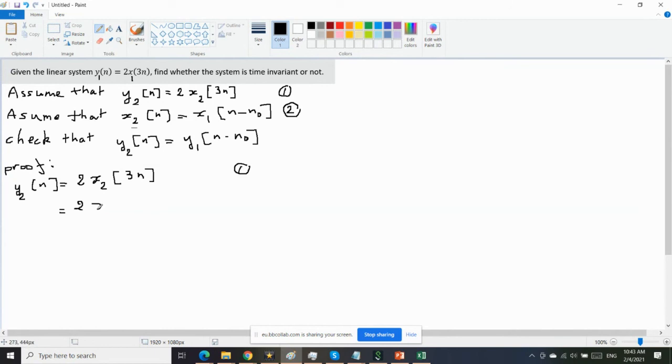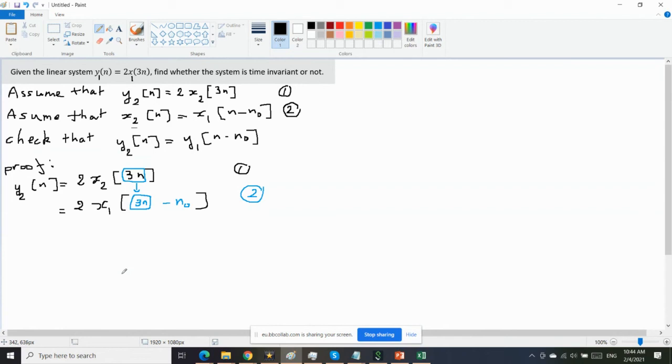This is going to be 2x1, and whatever is here we're going to keep as it is, and then we subtract n0. So here we use 2.